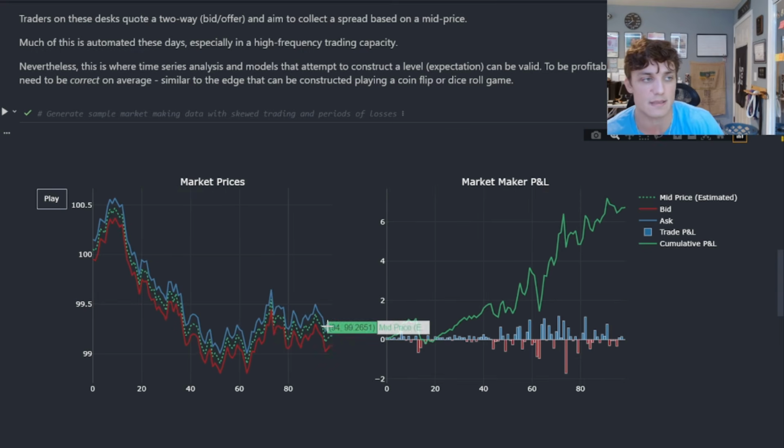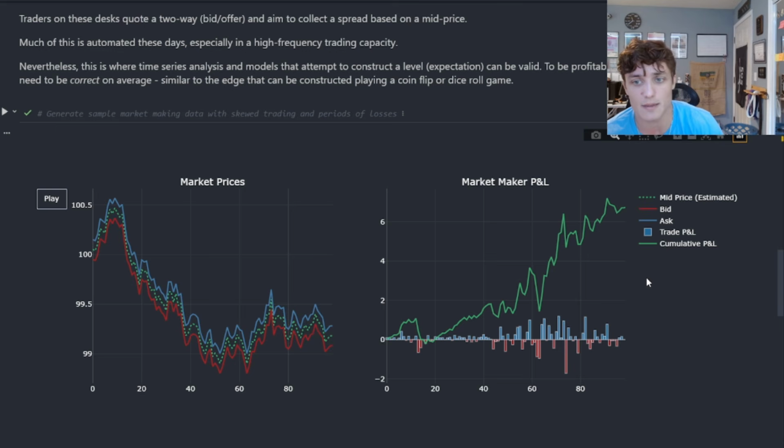Their mid price doesn't have to be perfect. There's no such thing as price prediction. What you're trying to do is predict an expected level. And if your expected level is good enough, then you can quote a spread around that expected level and you can profit from it. Now, you're not immune to risk. If you're a market maker, you just have different types of risk relative to some sort of buy-side trader or some sort of retail trader.